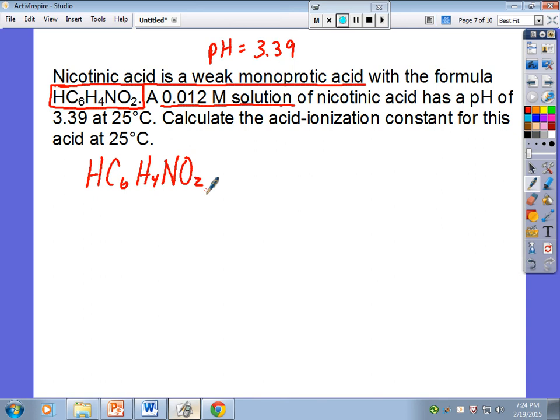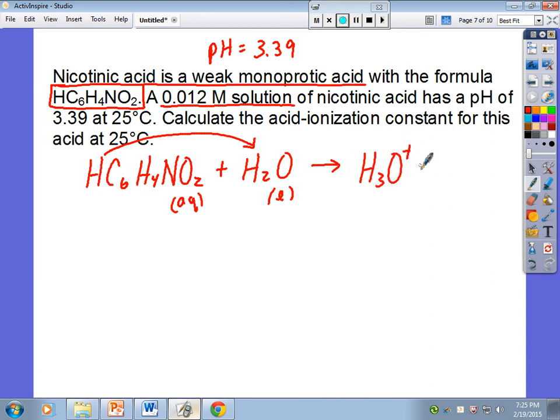Okay, and I'm going to go ahead and dissociate it. Now, what really is happening, guys, is that this is actually in water, right? This solution is in water. And what's happening is this is actually tossing a proton over here, and I'm forming H3O+ plus my negative ion.